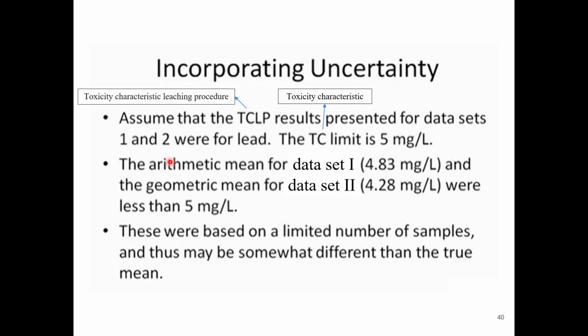If we see in this case, for dataset 1 we got an arithmetic mean of 4.83 milligram per liter.